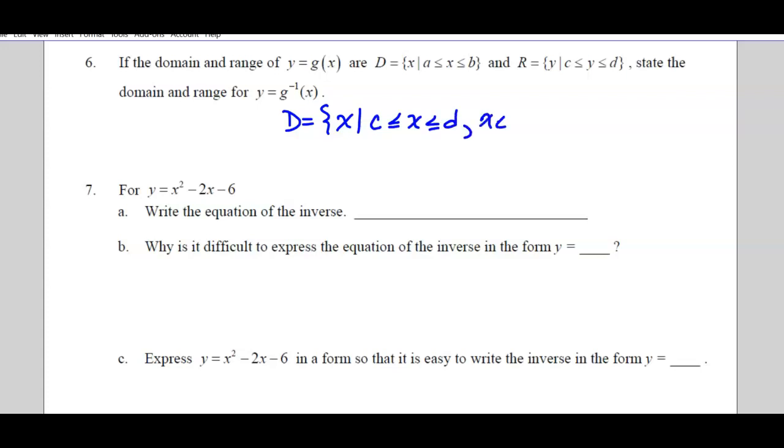And remember, now we have to be a little bit more particular and have x elements instead of inequalities. And then the new range was the original domain, so A less than or equal to y less than or equal to B. Get that sorted.